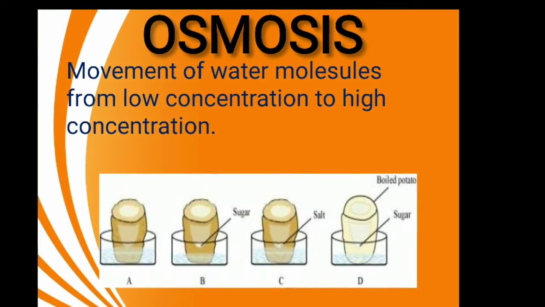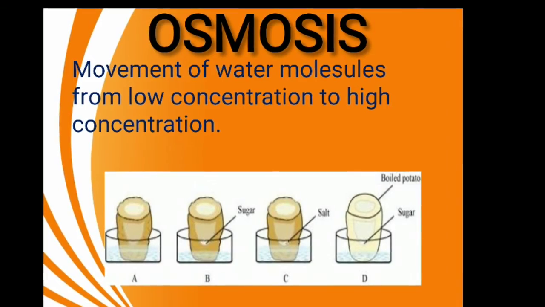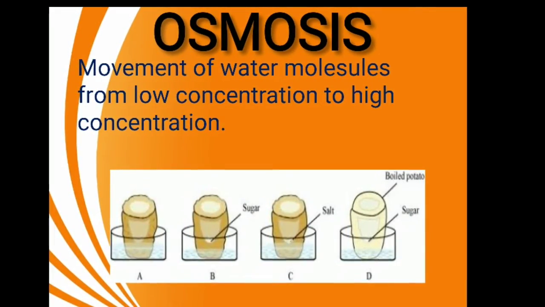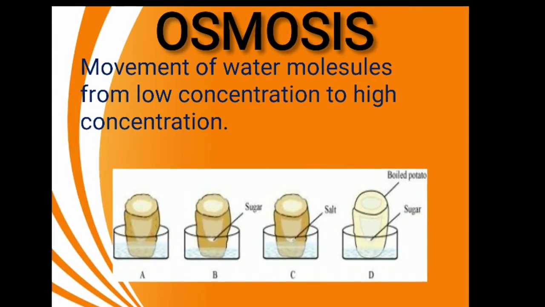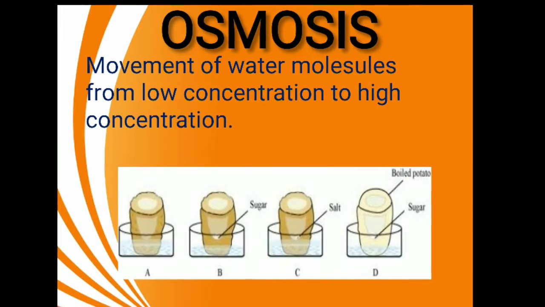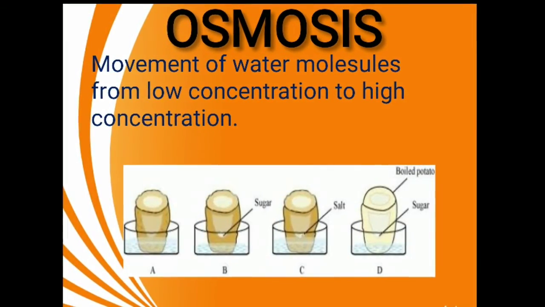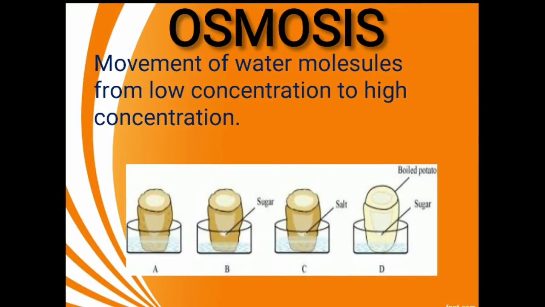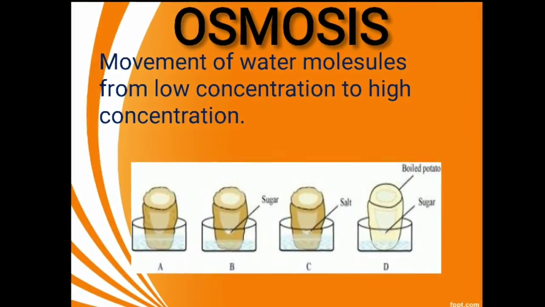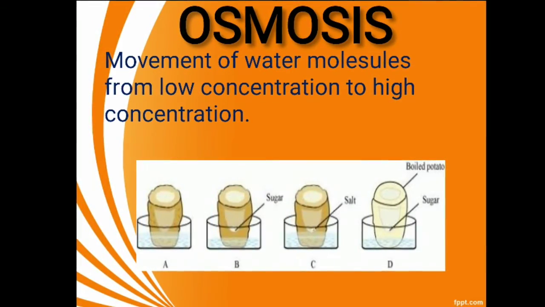So, from this activity and observations, you can define the process of osmosis as movement of water molecules from low concentration to high concentration. That means the water molecules will move from the low sugar or salt solution into the high sugar or salt solution. So this is one of the membrane transport which happens in our cells.